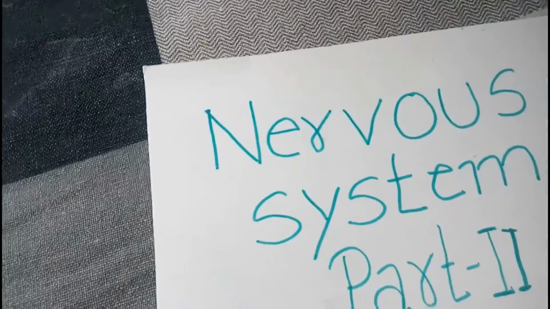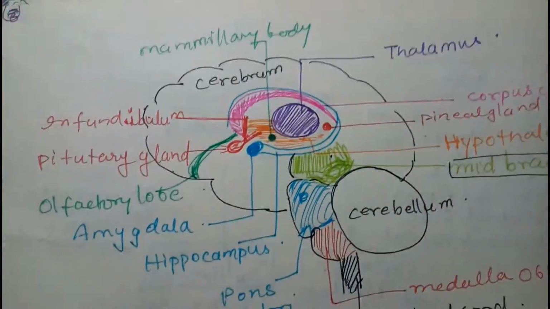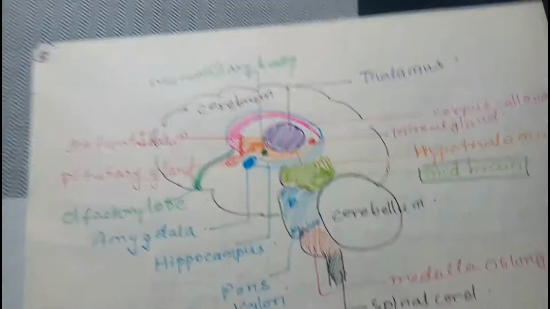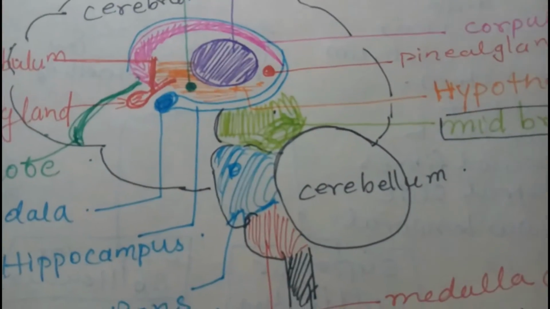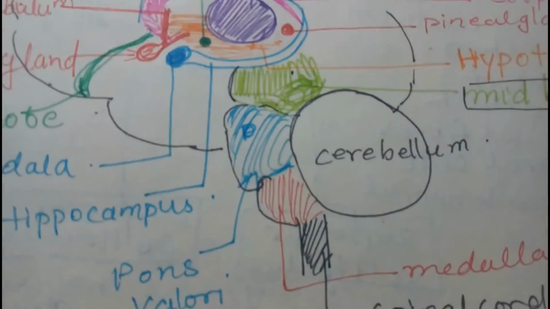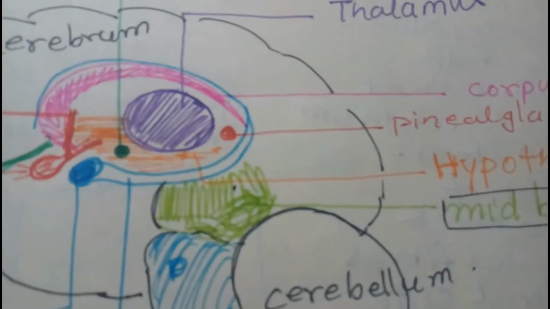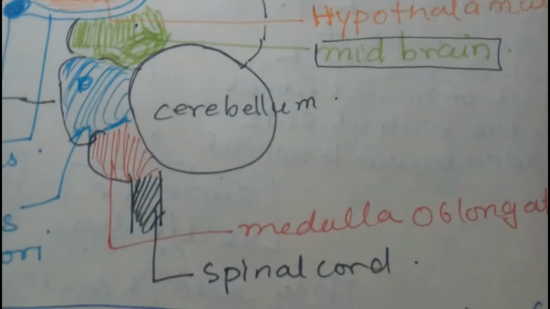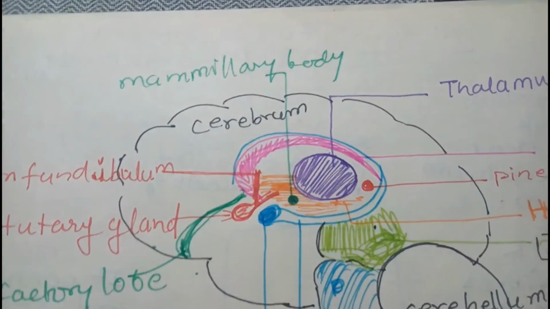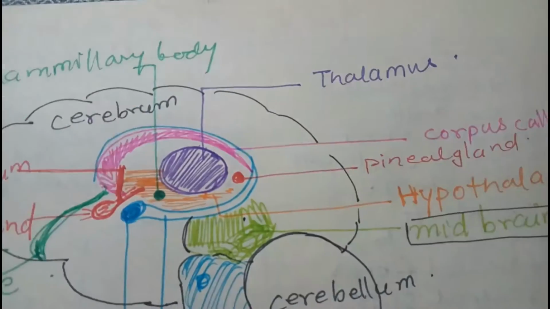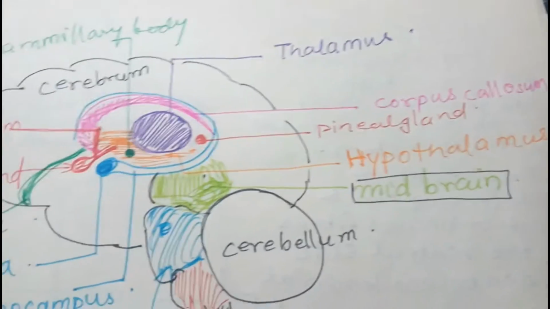So now you can look at the diagram. I have tried to compile many things in this diagram, but I'll send you more diagrams. Here you can see this is the cerebrum, this is the cerebellum, and this is the brain stem. This represents the midbrain. So this is the hindbrain, midbrain, and forebrain. In the cerebrum, you can see the corpus callosum, which separates the two hemispheres.